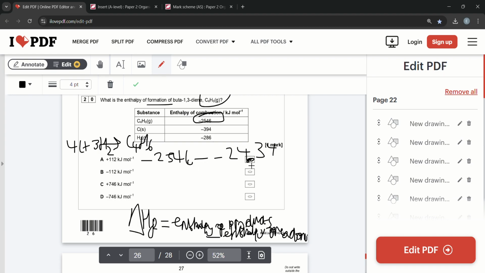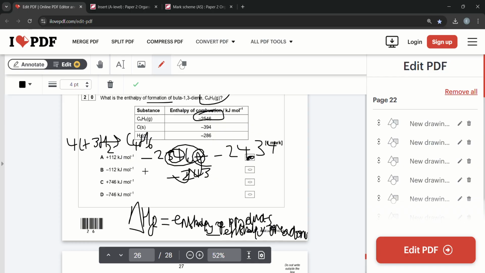It's going to be plus 112. It's going to be minus 2434. It's a bit confusing. I don't know, the answer is A, plus 112.